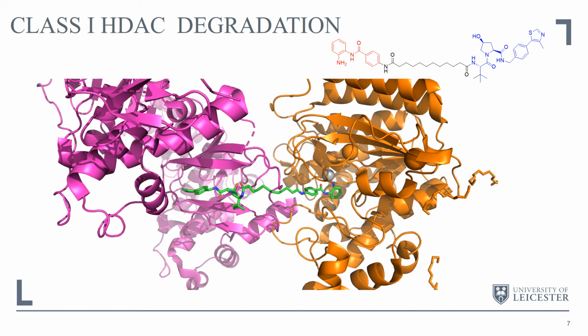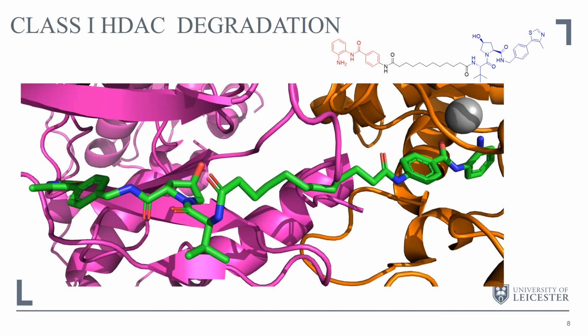This is the linker going across, and this is the blue part here. So bringing these two proteins in proximity to induce degradation. And this is a zoomed up version of this. So this is looking at the molecule now itself. This is the ligand for the HDAC, and this is the linker, and this is the E3 ligand.